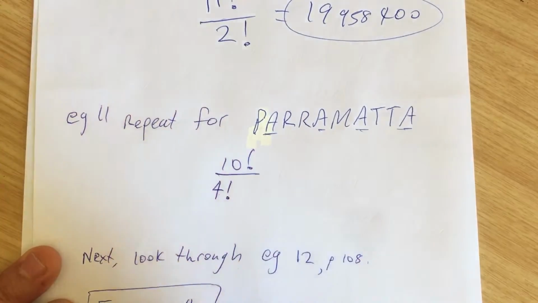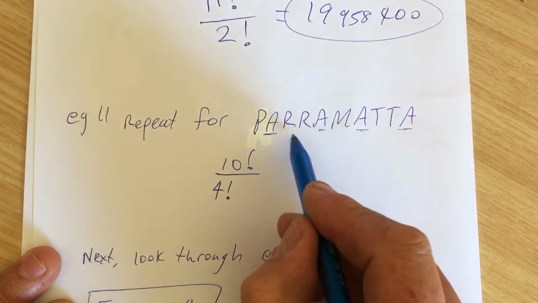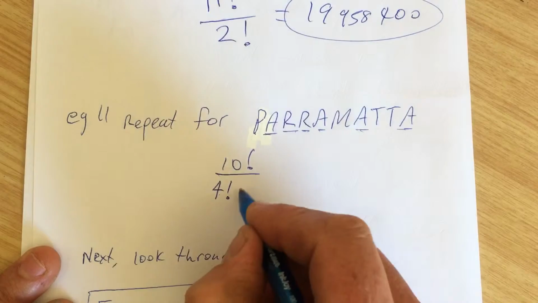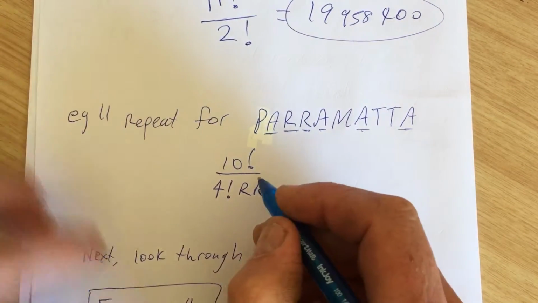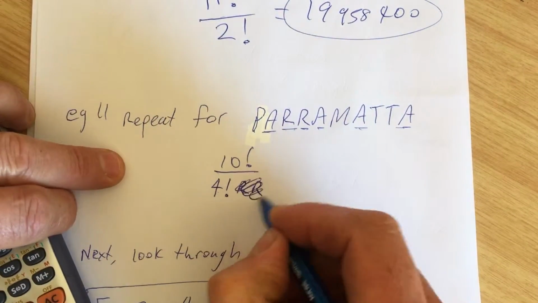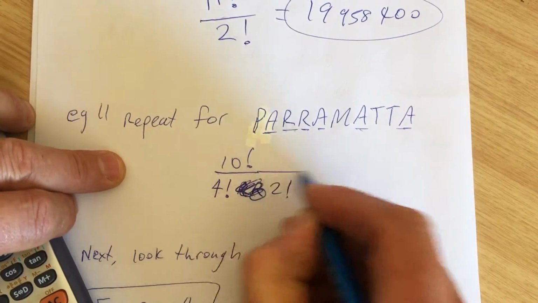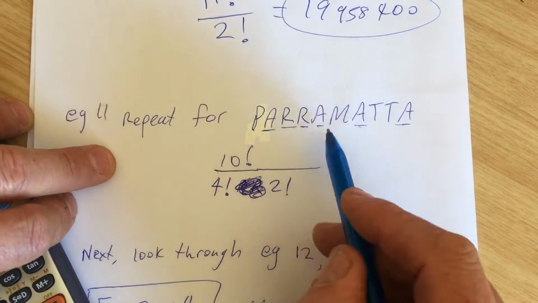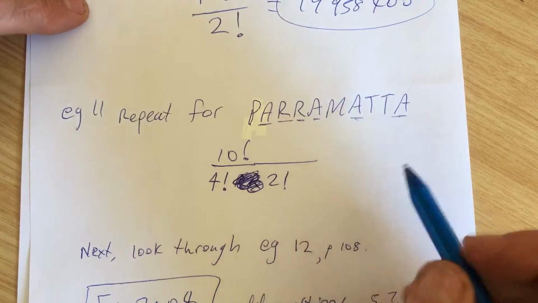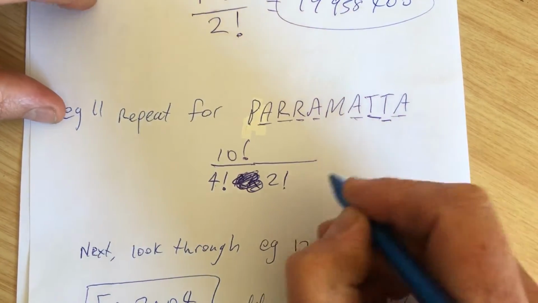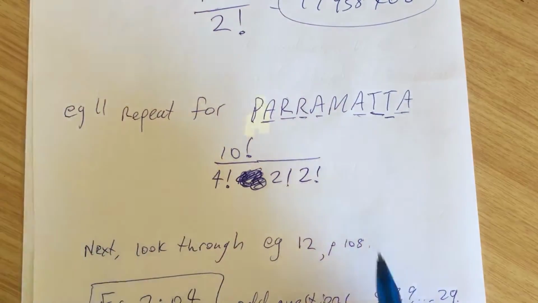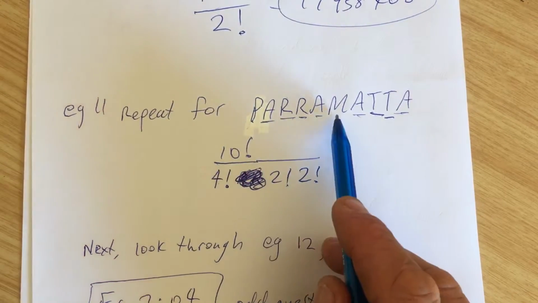So for the 4 A's, you divide by 4 factorial. How many R's are there? 2 R's. And what else? We've got 2 T's. So 2 factorial for the 2 T's.